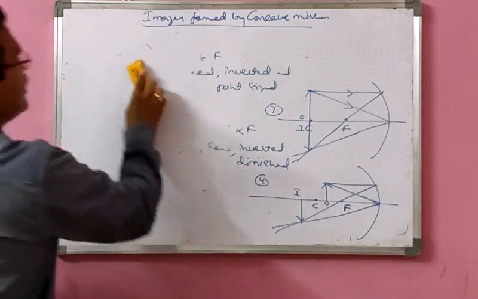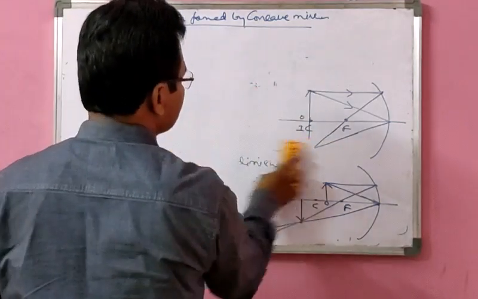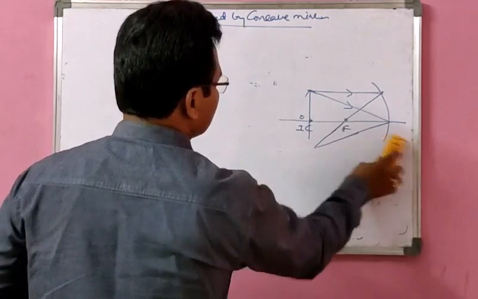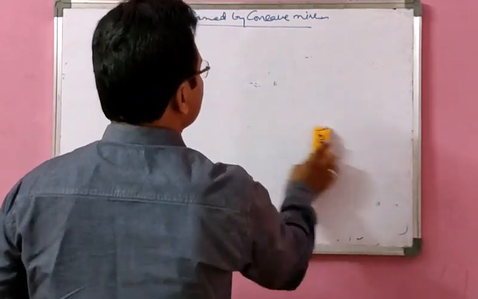Now coming to the next topic, that is the final topic of this reflection, that is image formed by convex mirror.